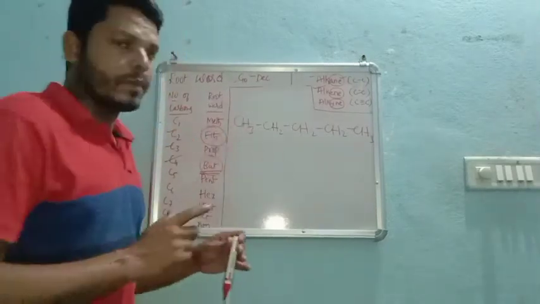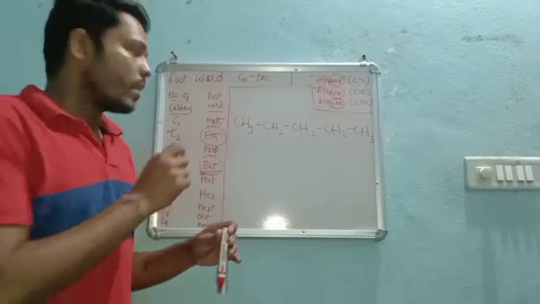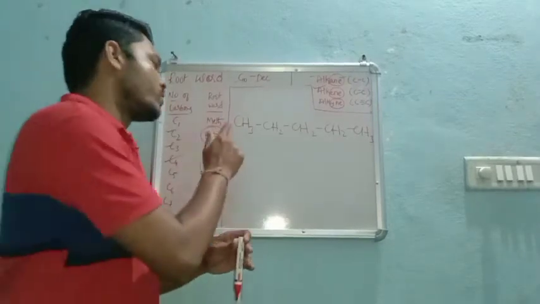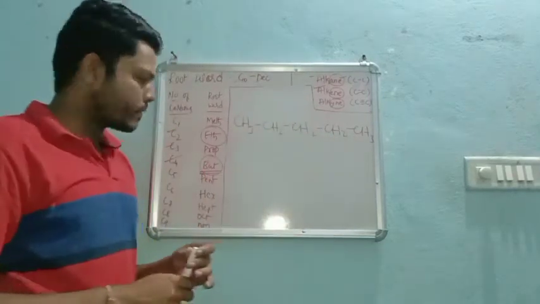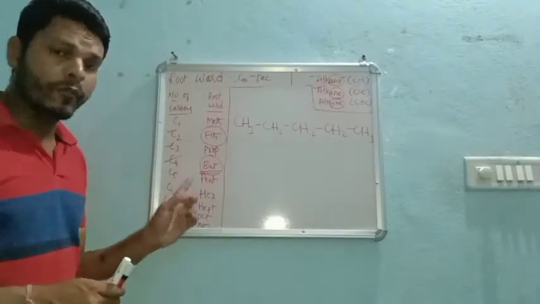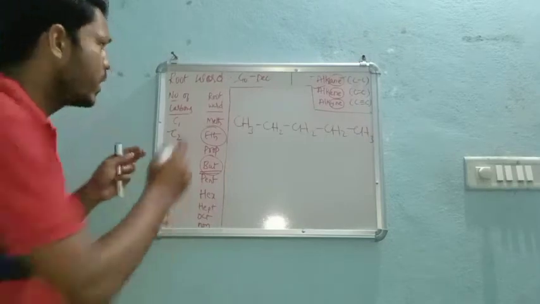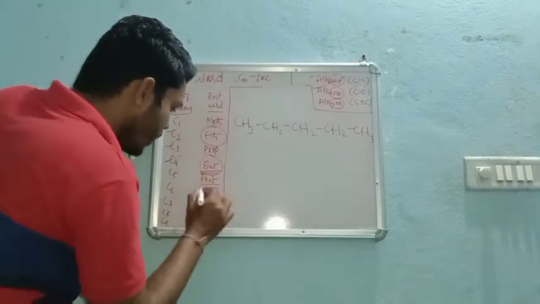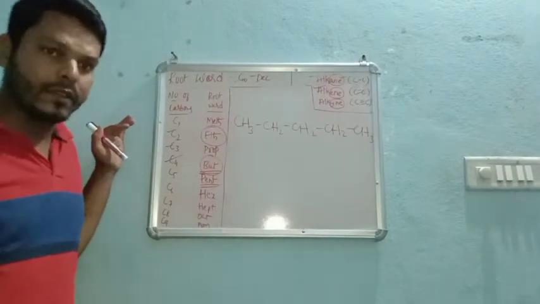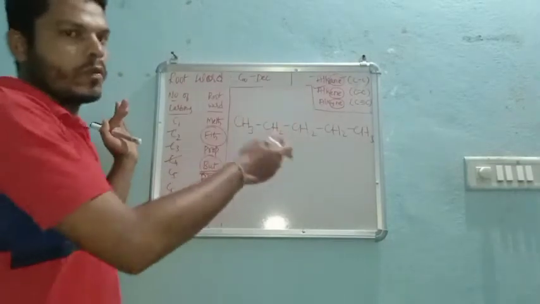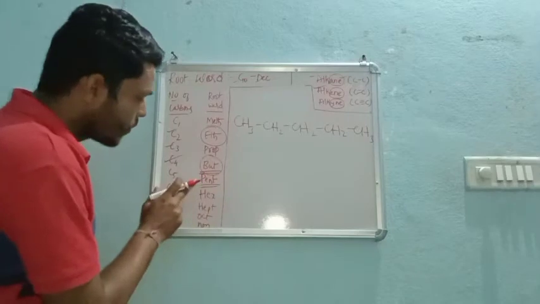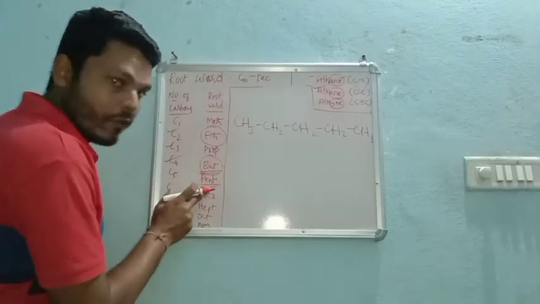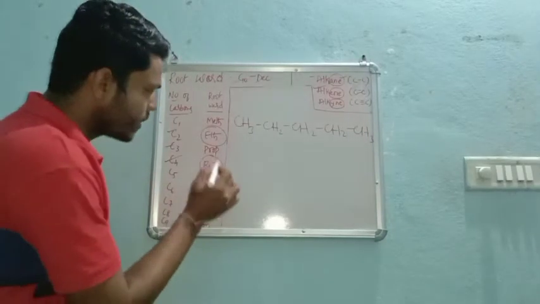Check how many carbon atoms are present in this particular compound: 1, 2, 3, 4, 5. Five means what prefix do we need to use according to the root word? We need to use pent. Later we will see the name of the compound, but for now we have to see the prefix, and the prefix is pent.